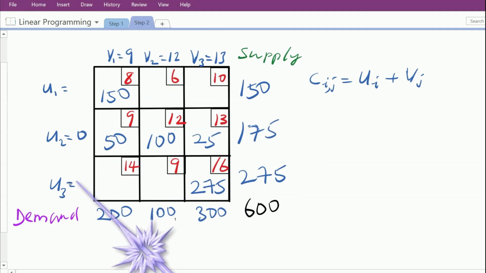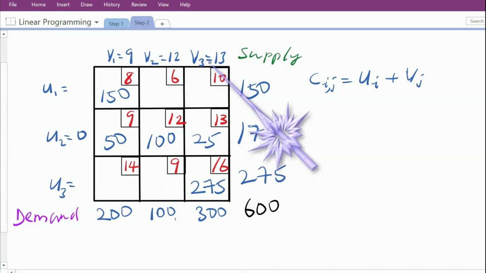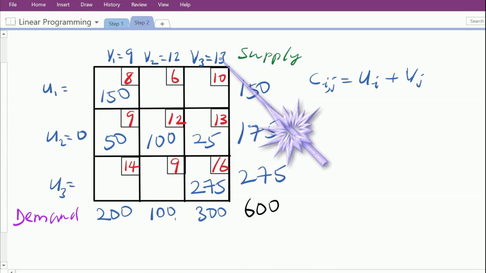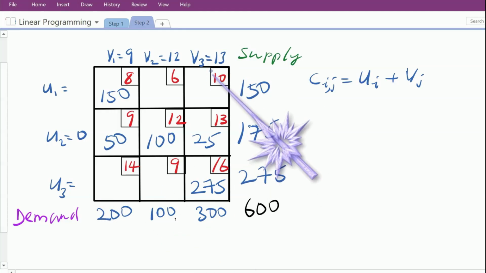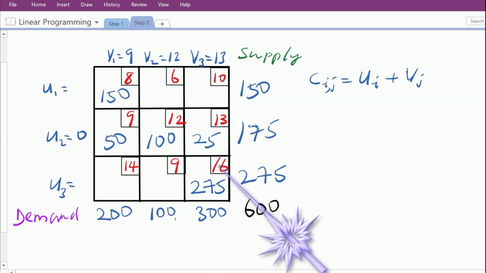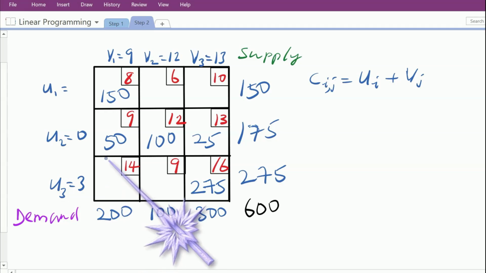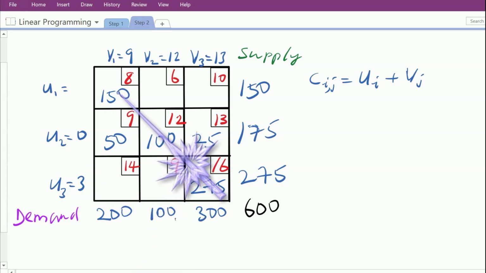We are left with U1 and U3. We can trace this now. Already we have V3 to be 13. We have U3 here. So V3 plus U3 is equal to 16. Therefore this is 3. Then the next one is here.